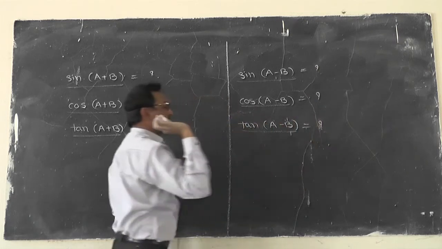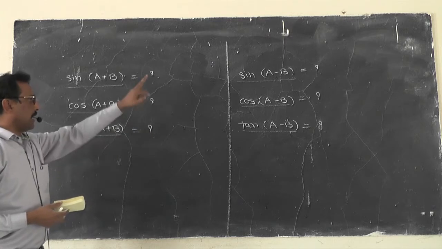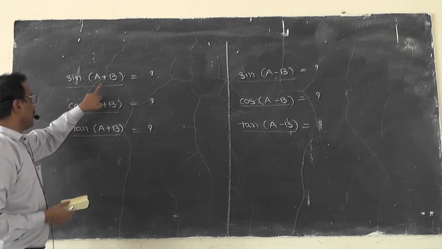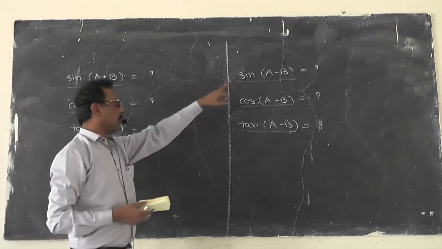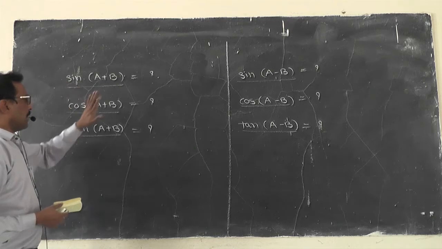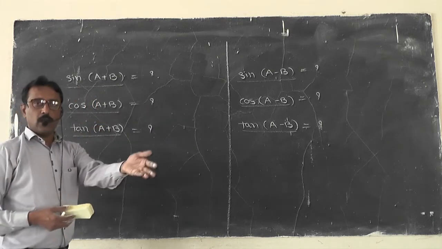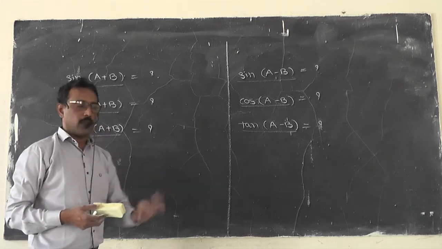In the present lecture we want the formula for these six trigonometric functions of compound angle: sin of A plus B, cos of A plus B, tan of A plus B, sin of A minus B, cos of A minus B and tan of A minus B. I will write the formula for all these, and after that we will solve some problems from your current textbook, which is by the Pune board.